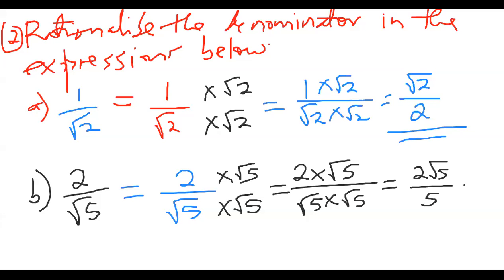It gives us 5 under the root. So our answer becomes 2 root 5 divided by 5.